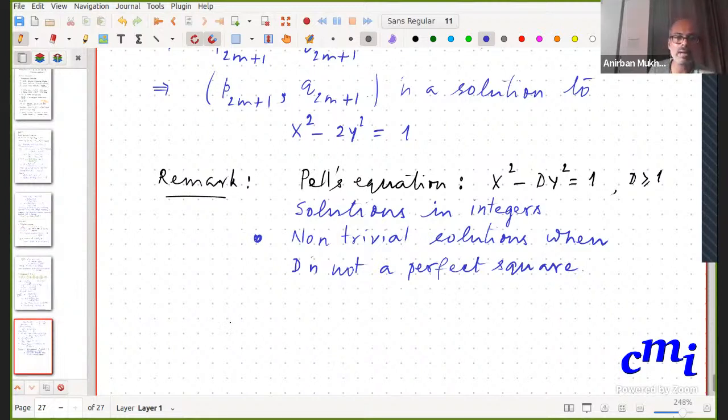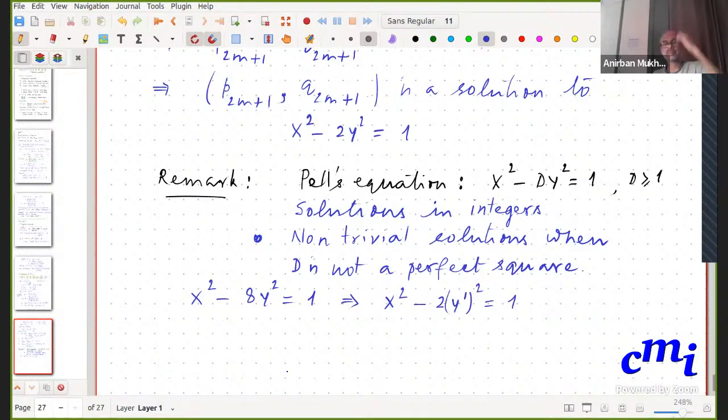For example, if you have 8y square, 8 is not a perfect square, but you can reduce the equation. You can just take 4 out. So this is the same as 2y square, say y dash square, where y dash is 2y. If you can solve this, you can solve the previous one.